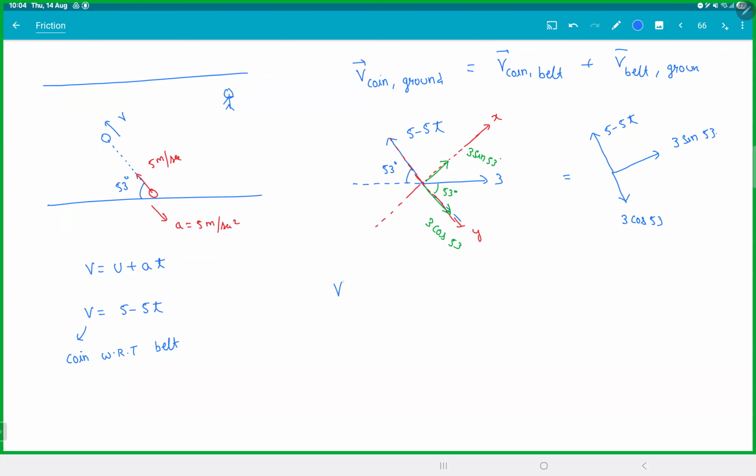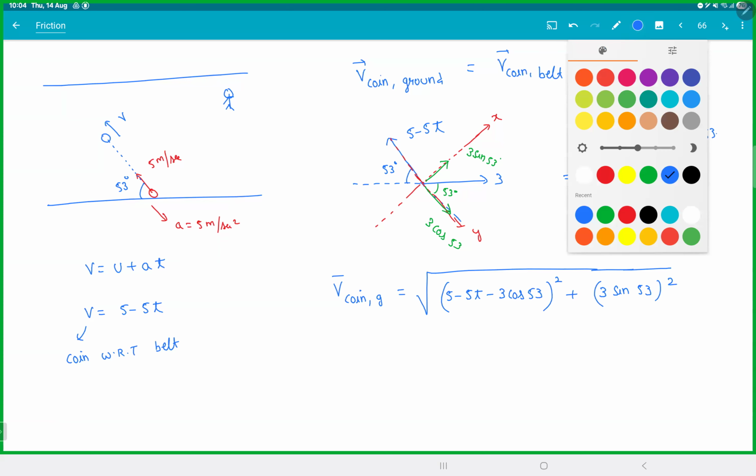So now velocity of the coin in the ground frame, there are two perpendicular directions. It will be magnitude root over (5 minus 5t minus 3 cos 53) square plus (3 sin 53) square. If a vector has two components, you can square them and add them.